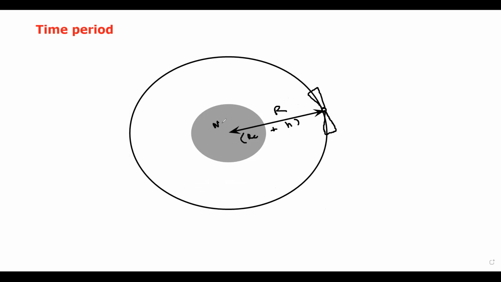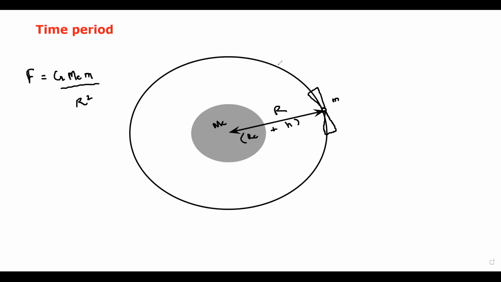The mass of the Earth is Me. The mass of the satellite is m. According to Newton's law of gravitation, the force of attraction between them is equal to G times the mass of the Earth times the mass of the satellite divided by r squared, where r is equal to the radius of the Earth plus the height of the satellite above the Earth.